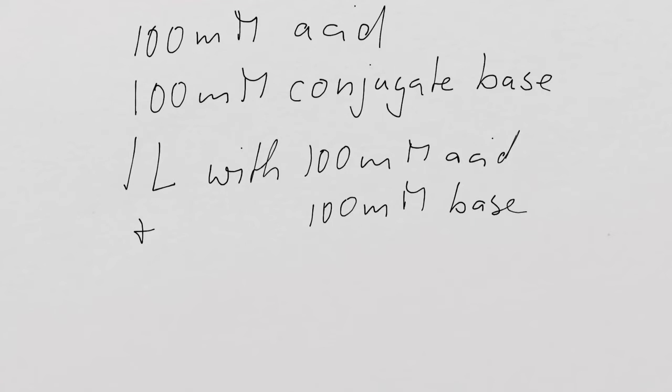How much of the things do I have in it? Don't need a calculator for that. The total volume is 1 liter. And I add 100 millimolar of the acid, let's say 100 millimolar of acetic acid, plus 100 millimolar of sodium acetate.